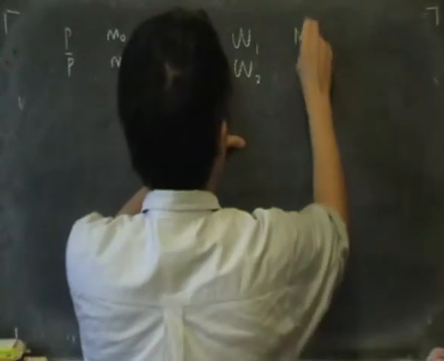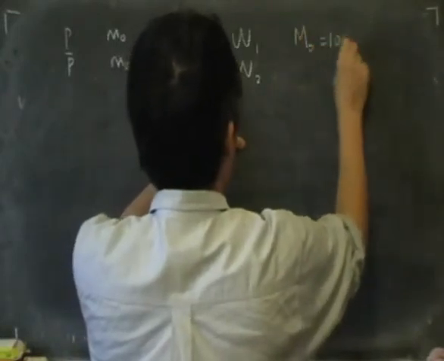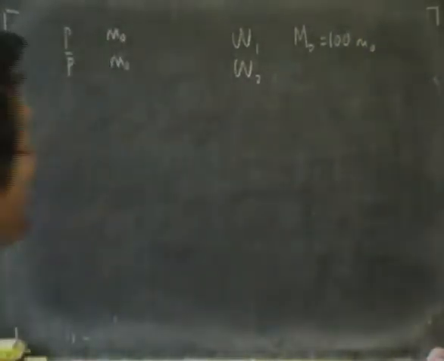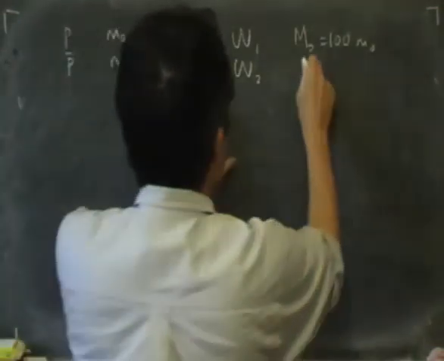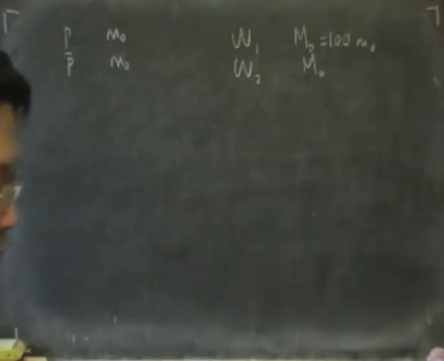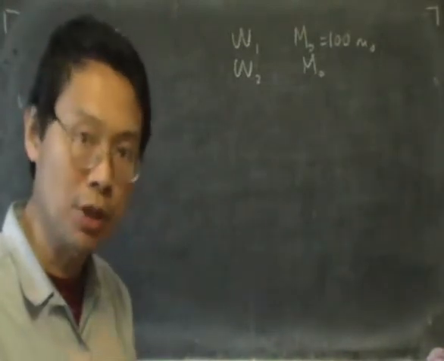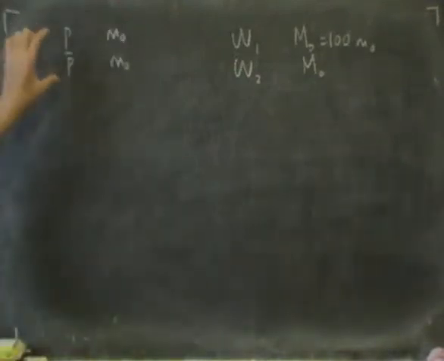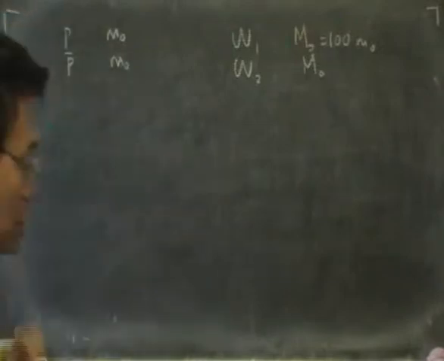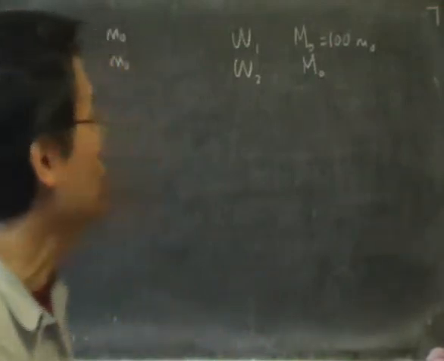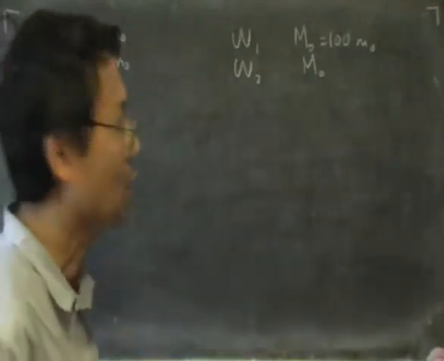Now the mass of a W particle, I call that capital M0, we'll take it to be 100 times the mass of a proton. Right? Now the question is to find how much energy we need to put into the proton and antiproton, so that when they collide, there is enough energy to produce these two W particles.